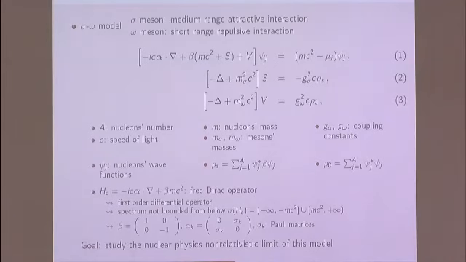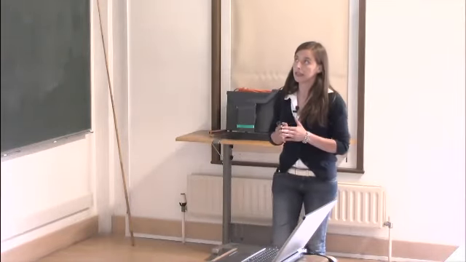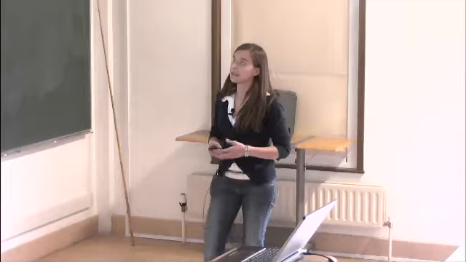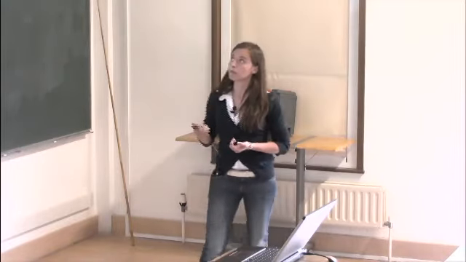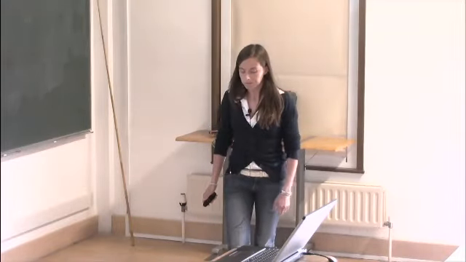This particular non-relativistic limit is obtained formally in this way. Let me consider the case of only one nucleon. To obtain the nuclear physics non-relativistic limit, I have to pass to the limit as c goes to infinity in a particular regime for the parameters of the model.